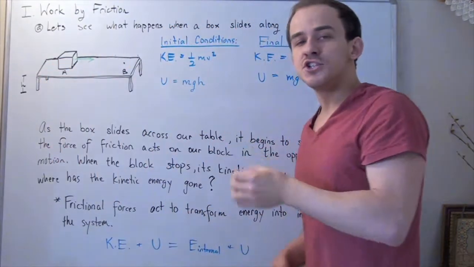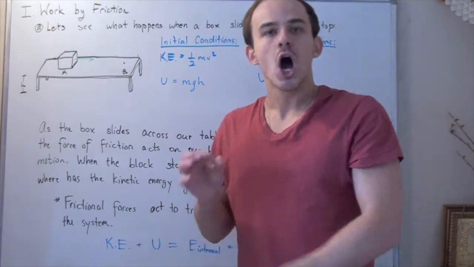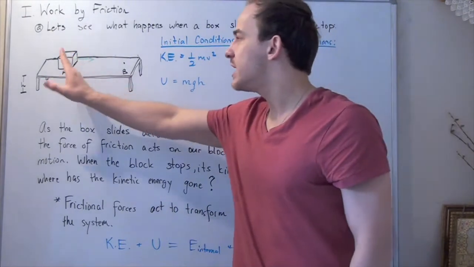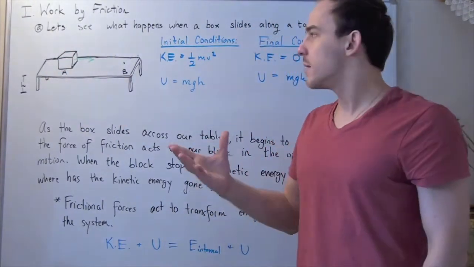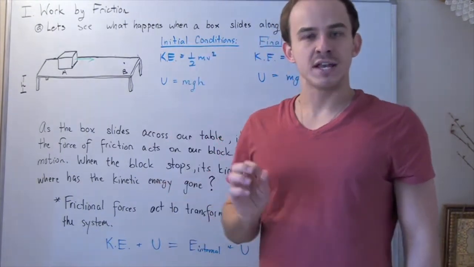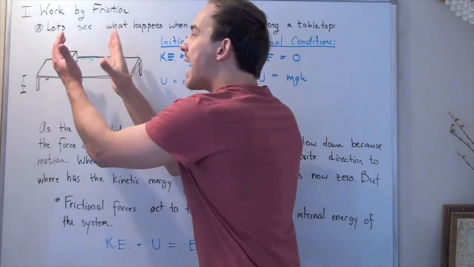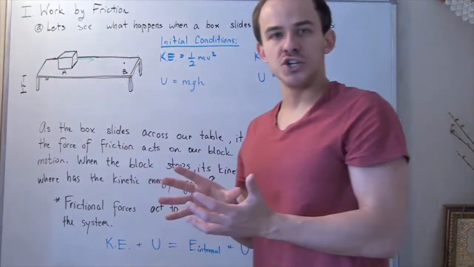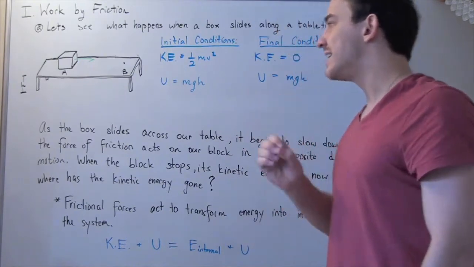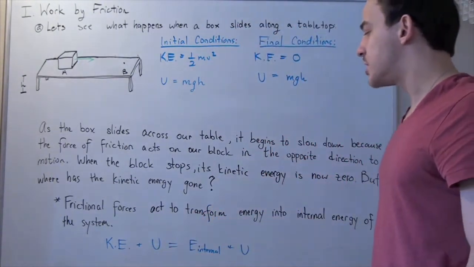Now the internal energy is simply the sum of all the different types of energies of individual molecules and atoms found within this box. Remember, the internal energy includes both the kinetic and potential energy of the individual molecules, and that means the macro scale kinetic energy has become the micro scale kinetic energy.